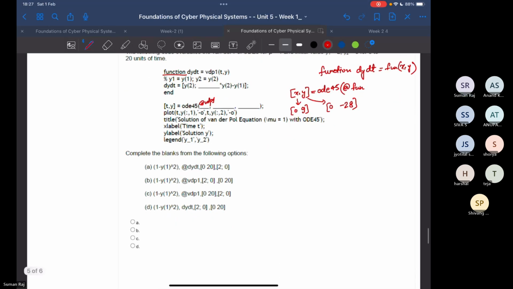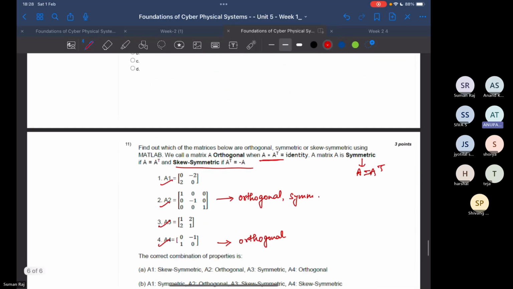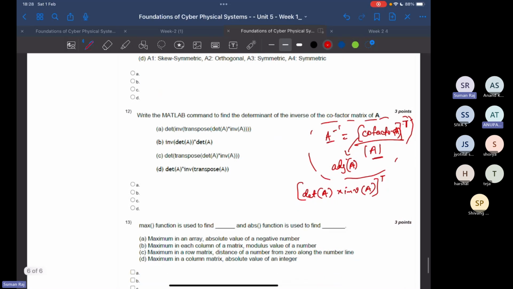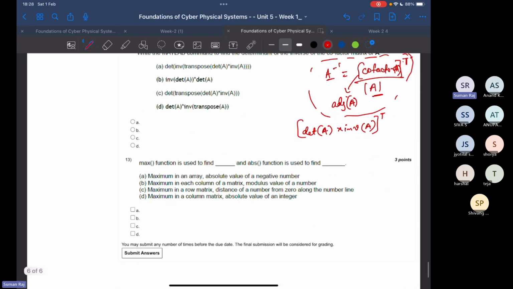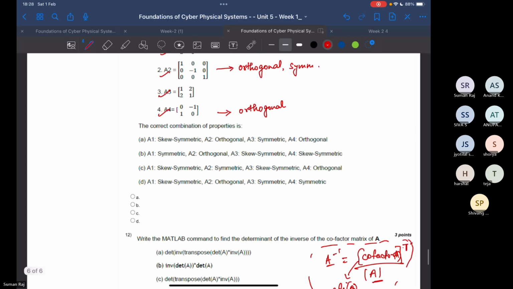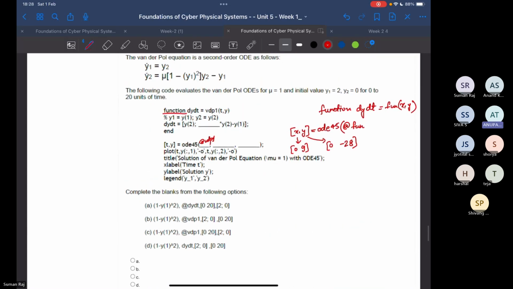All right, should I move next? Yes, ma'am. This we discussed. This also was discussed extensively in the last session, and the last one is, I think, easy enough. Second assignment, can we scroll through? Sure.